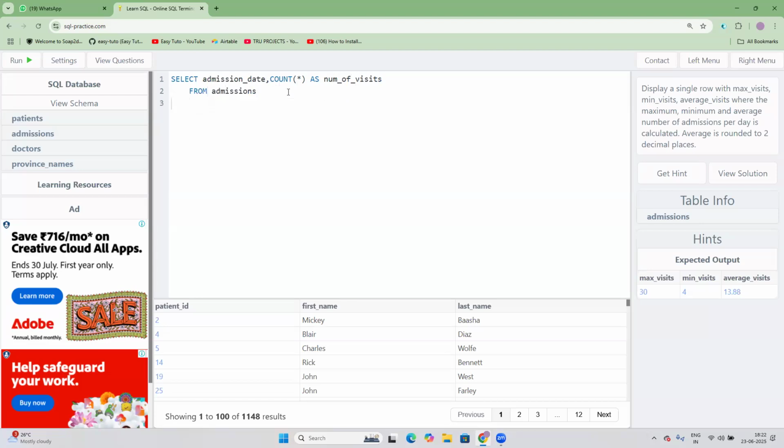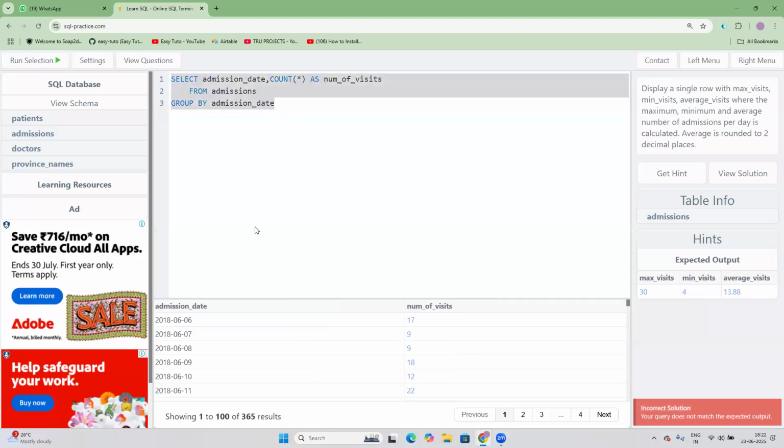Now, because I'm using count, I'll group by admission date. That's what I'm grouping by. So when I run this, this is what I get. Every day, total number of visits.